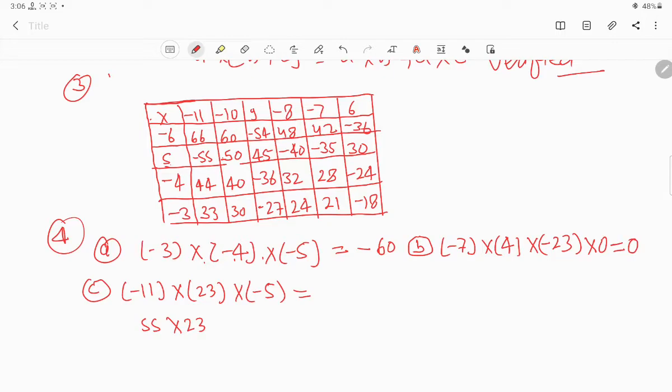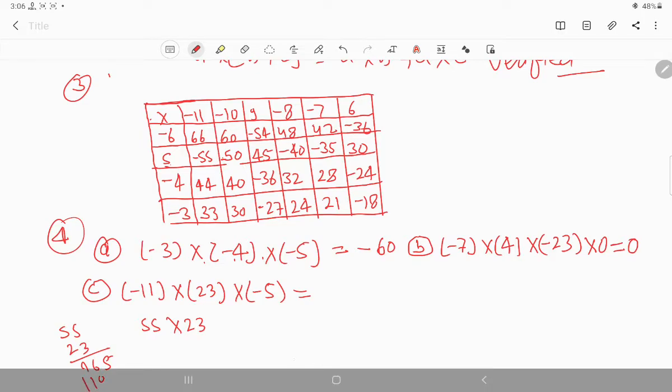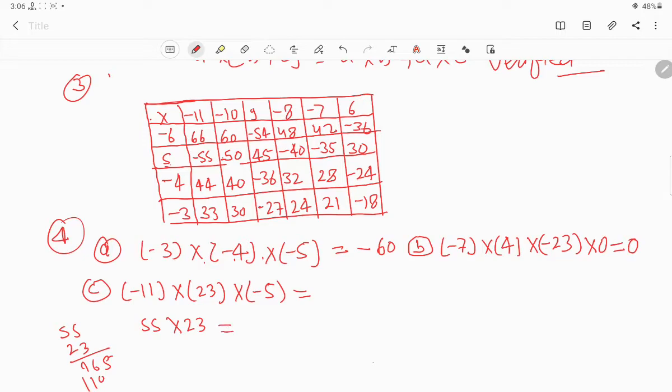Now you multiply 55 and 22. 55 into 22: 5 into 2 is 10, and here 110 is coming. Add this, and the answer is 1210.